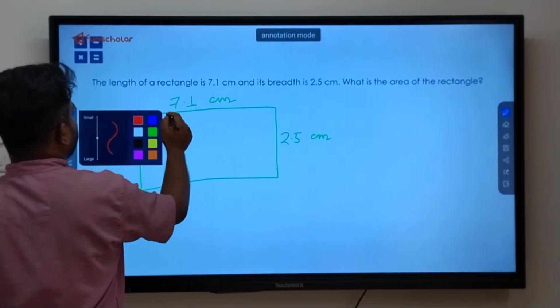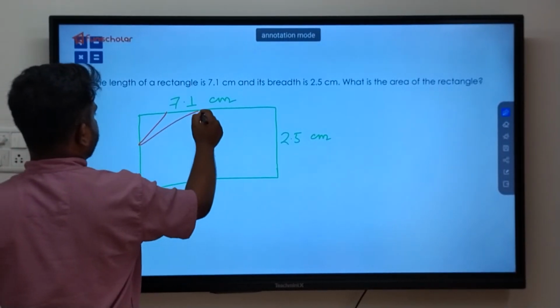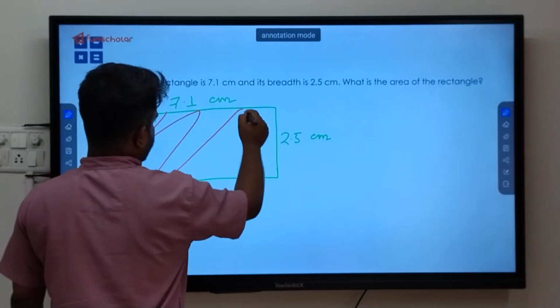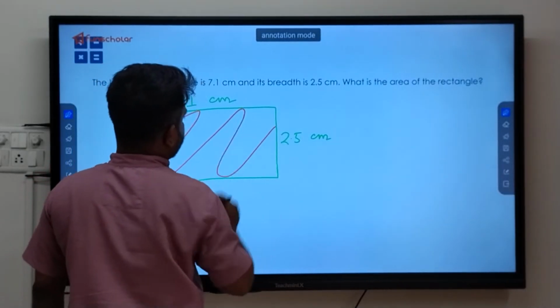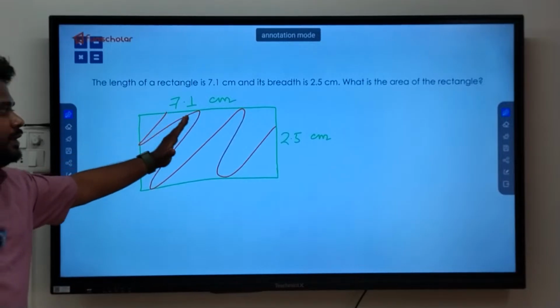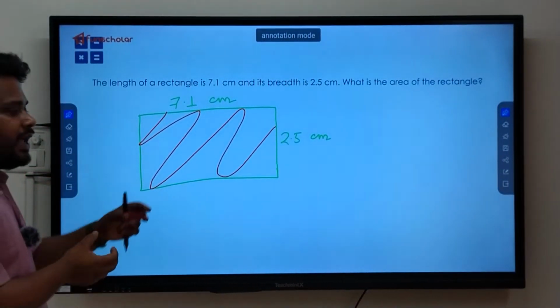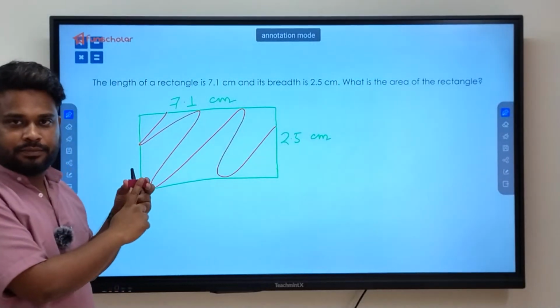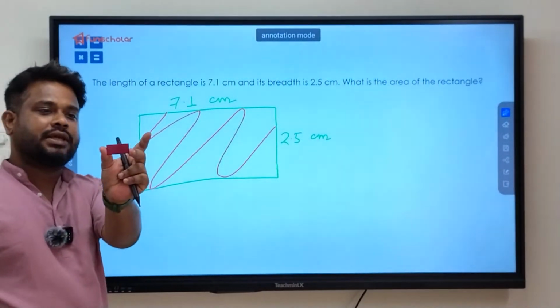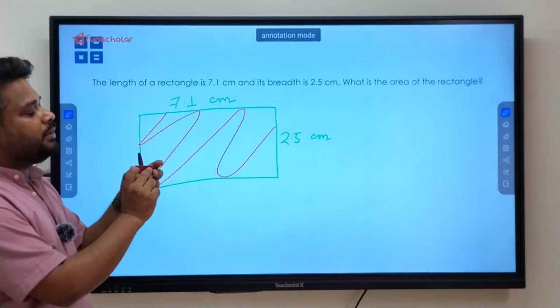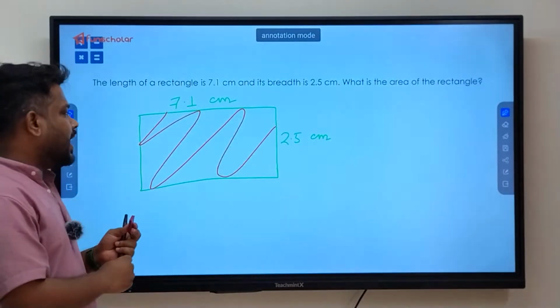The area will be everything in between, just like this. The area is the painted part.